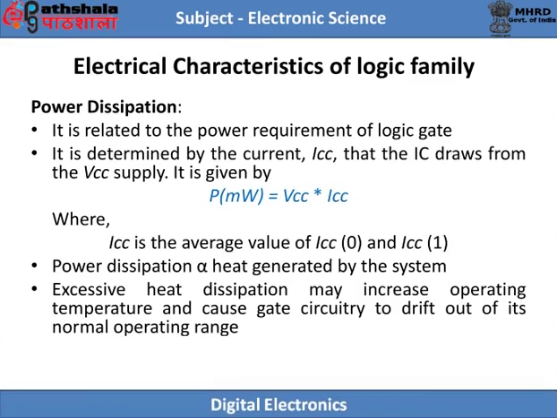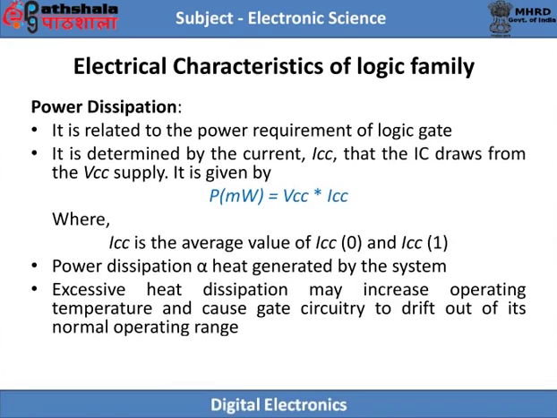Power dissipation is determined by the current ICC that the IC draws from the VCC supply. It is given by P in milliwatts, that is power dissipation, equal to VCC, which is the power supply voltage, into ICC, that is the current demanded by the IC.